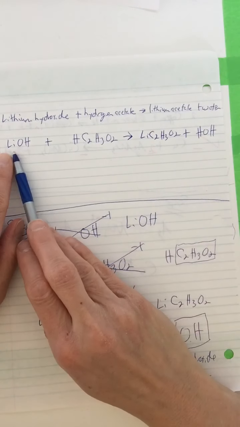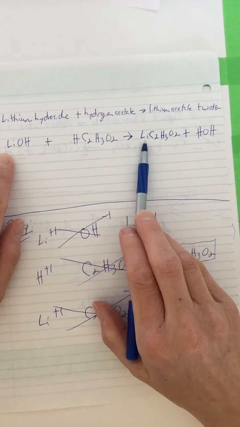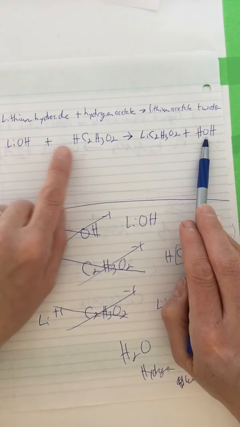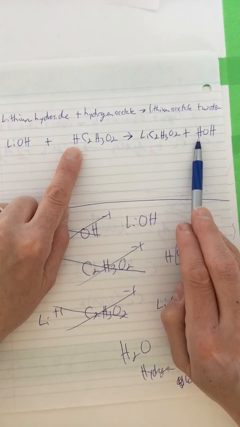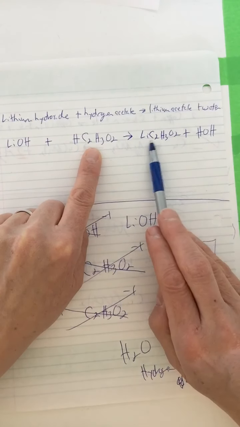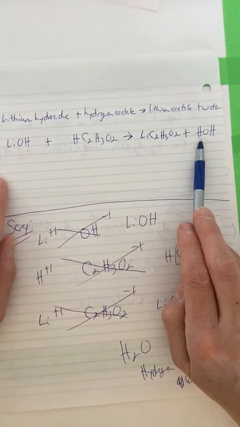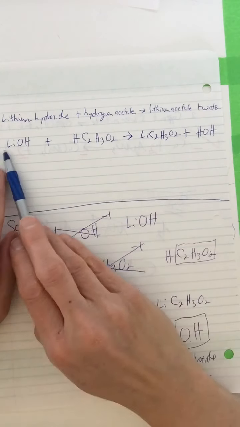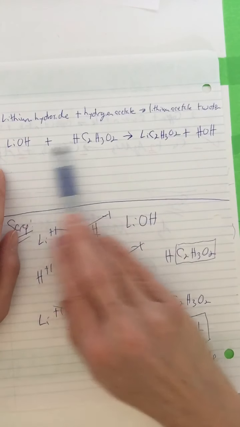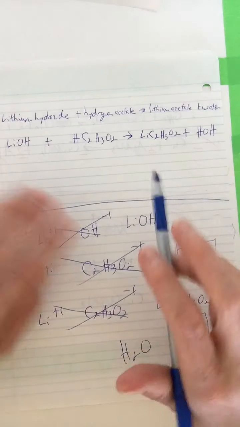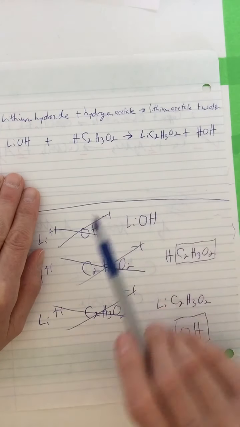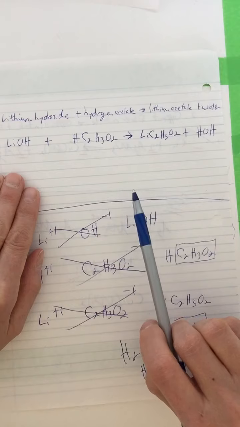So when you look, you see a lithium got used, a lithium got used. OH, which is hydroxide, got used, the OH got used. Hydrogen is on this side, there's a hydrogen on this side alone. This acetate got used, this acetate got used. So everybody got used. This is a double replacement reaction, and we'll learn about that. It's already all balanced. Everybody was 1 to 1 to 1, so it's very easy that way. Okay? So you write water HOH. It'll make things simpler as we go forward.